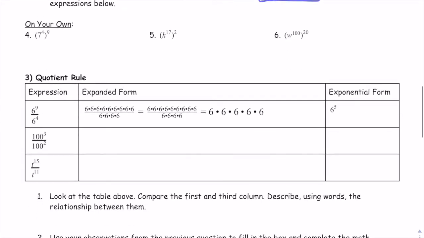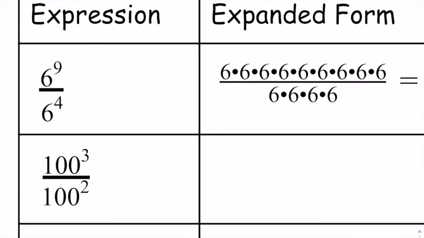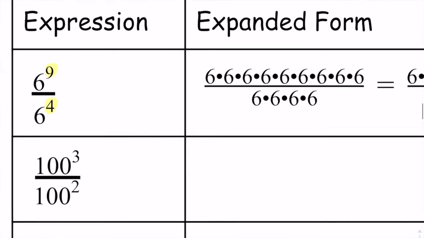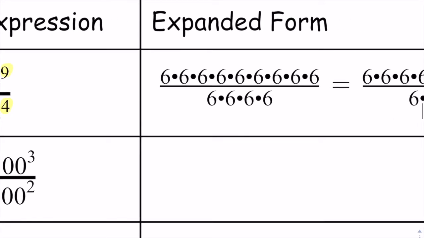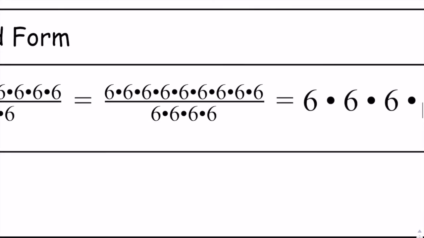All right, the last rule we are going to talk about is the quotient rule. So this is going to be very similar to what we've been dealing with so far. Identify patterns. Hopefully you guys are able to identify the pattern from the get-go. So what this is saying is 6 to the 9th power, that means I have 9 6s on top in this row. The bottom row, I have 4 6s. So if I were to expand these out, well, can't I just simplify?